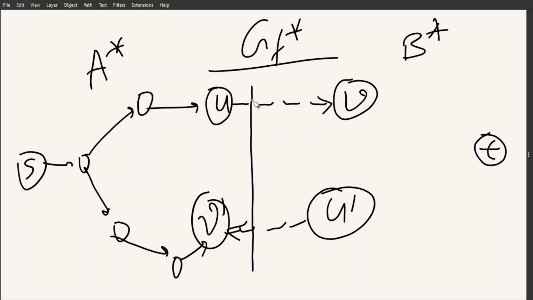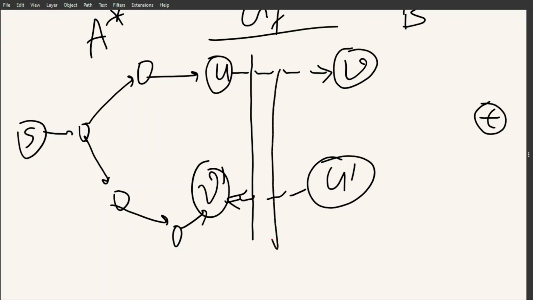So this dashed edge represents an edge in G, not in G_F star. So in G_F star there is no such edge. There are two possibilities we consider. There is a directed edge from U to V in G, but it is not in G_F star. So it means there is no forward edge. So first possibility, there is no forward edge.